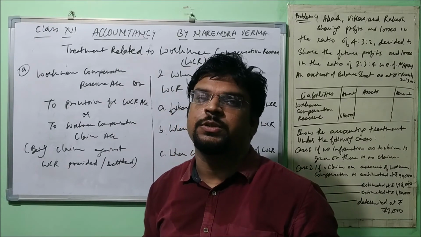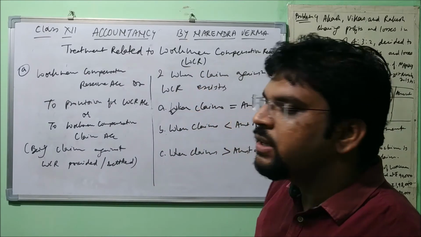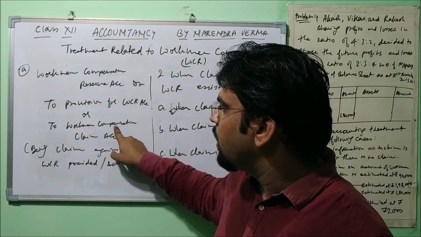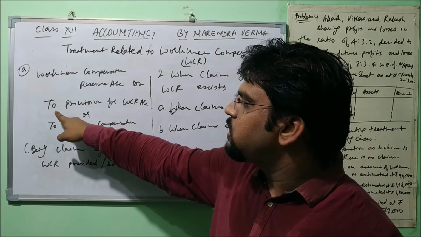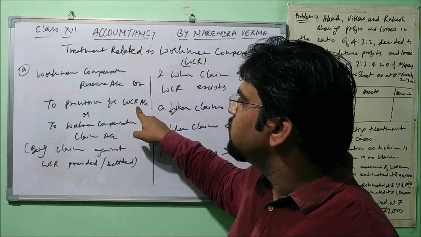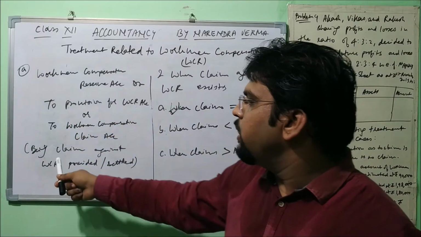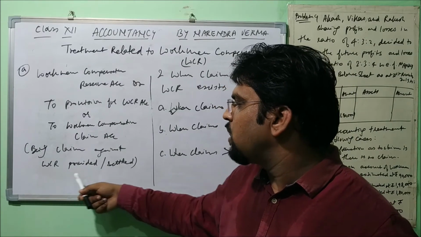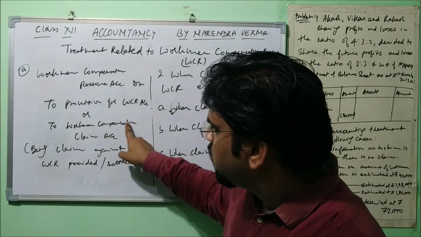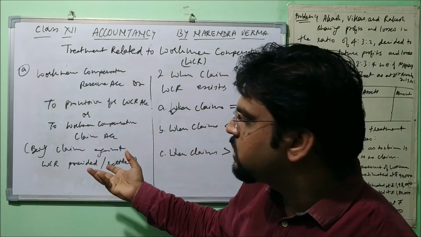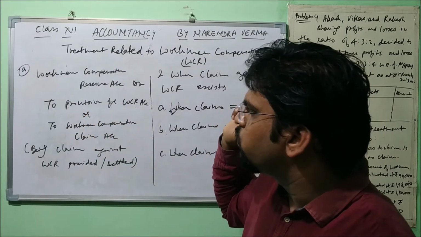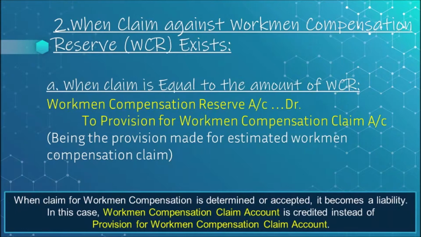So there is a bit of difference. When the question says accepted or determined, then you need to mention Workmen Compensation Claim account. Otherwise, in normal cases, you will be crediting provision for Workmen Compensation Reserve account. Understood? Being claim against WCR provided or settled. This is only for information. If accepted or determined is given, only then we pass the entry by this. Otherwise, in normal cases, to provision for Workmen Compensation Reserve account.